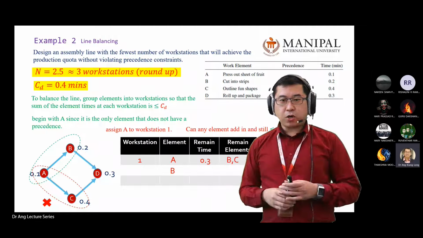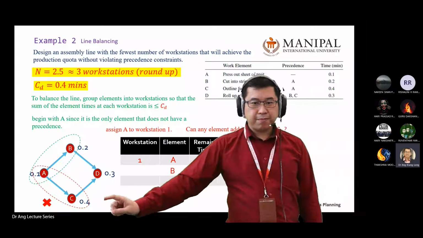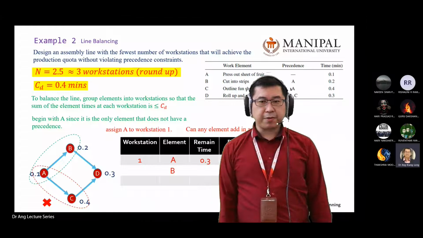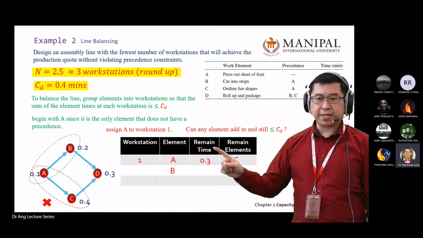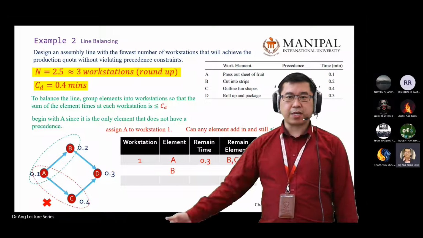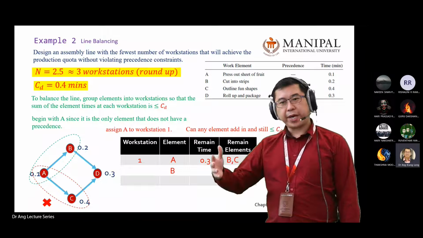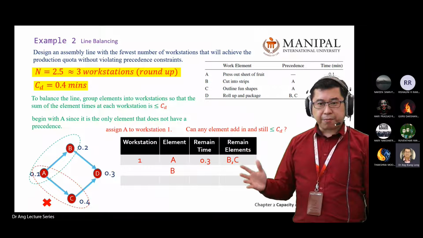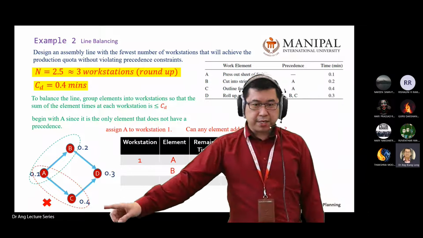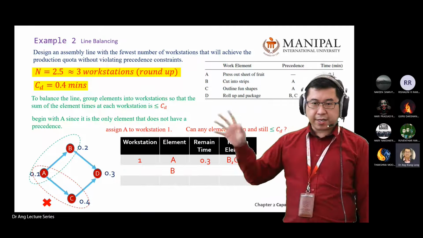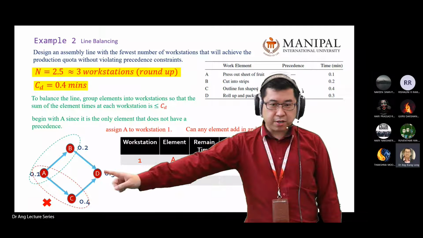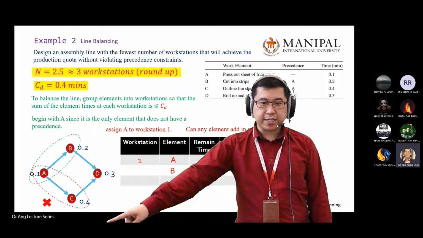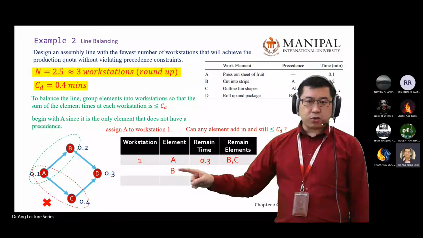My recommendation is always to put the process that takes up the maximum first, so that you clear out the remaining time in the first workstation. You don't waste the time in the following station. In this case, which is a very drastic case where you have 0.4 and 0.2, that's why you choose B.